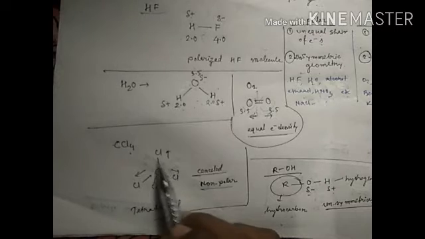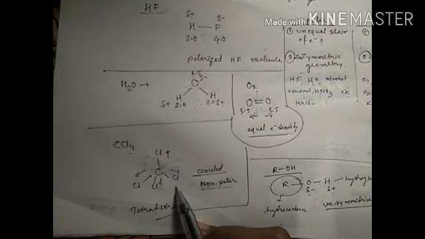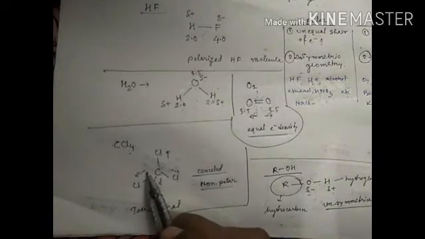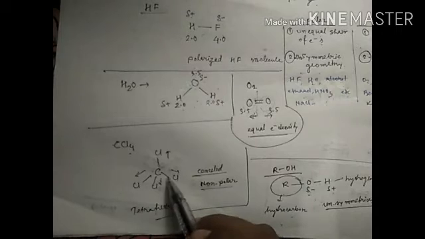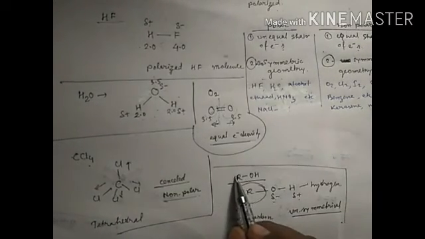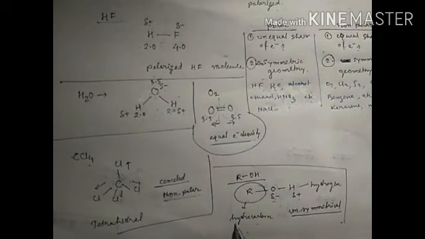Now let us take another example, carbon tetrachloride. Carbon is central and four chlorine atoms are in tetrahedral positions. Because we know tetrahedral position is a symmetric position, the bond pulling tendencies of the four chlorine atoms cancel each other, which makes it a non-polar molecule. But if you see an alcohol, suppose ethanol, here R means the ethane group, I just write hydrocarbon.